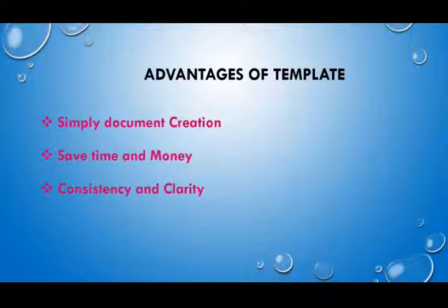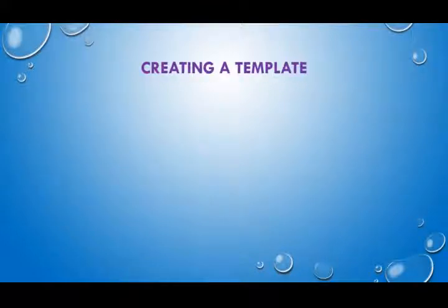Let us see different ways to create a template. There are two ways you can create your template. First way: from a document, you have to create your own template and then save it as a template.